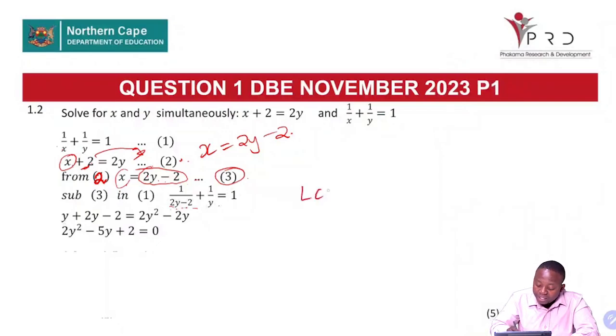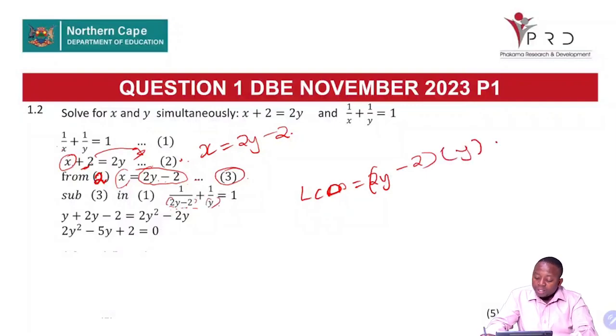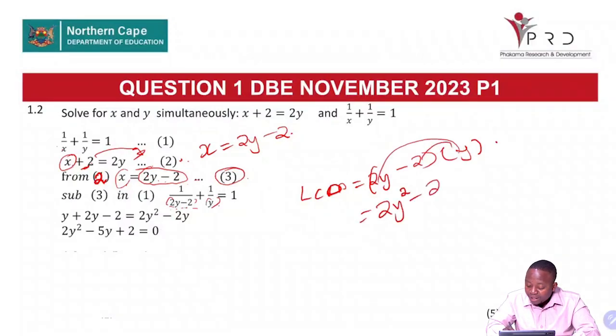So that's what we have. Remember our LCD in this case. The LCD in this case will be the 2y minus 2, and it will be the y also. We can just distribute the y into our bracket, then we'll have 2y squared minus 2y.